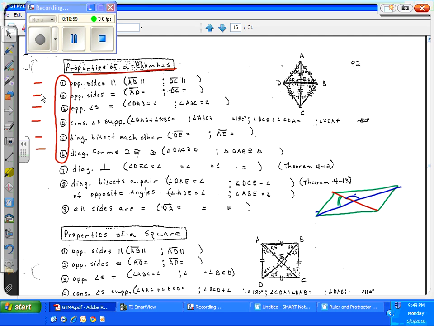Now, what would happen is if we began to push this side in so that it became a rhombus shape, when we draw those diagonals, they look like they're almost 90.